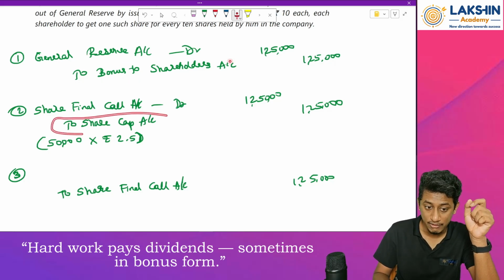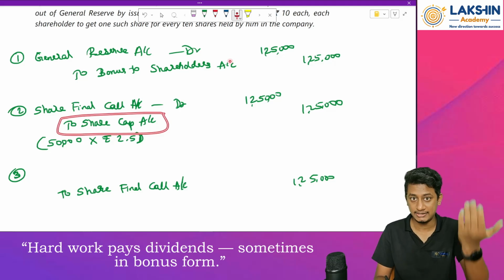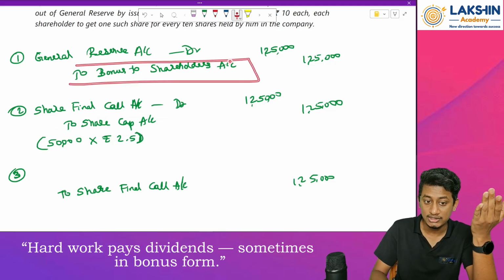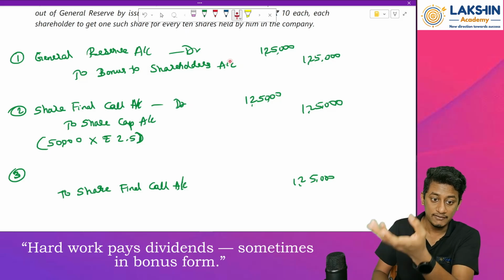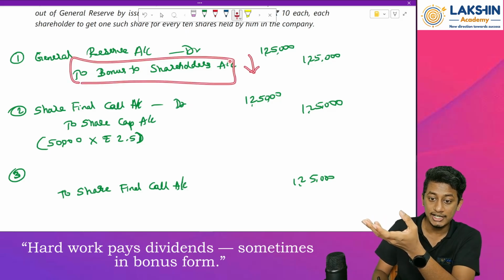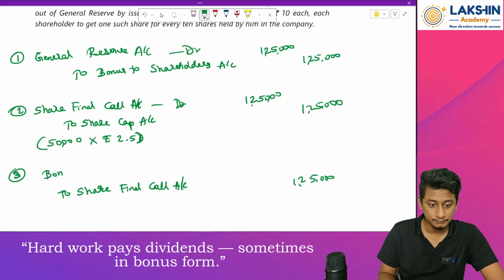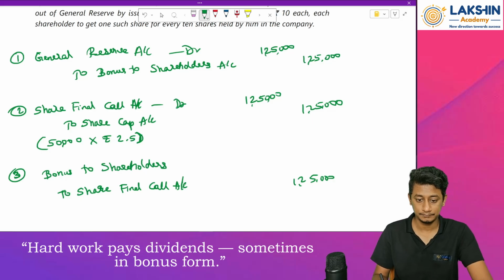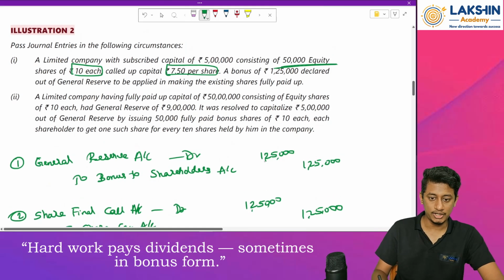Once I have capitalized over here by increasing the share capital, that means this bonus has been already given to the shareholders. So whenever I give the bonus to shareholders, the liability will reduce. Whenever the liability reduces, we will debit the account. Bonus to shareholders account rupees 1,25,000. Done.